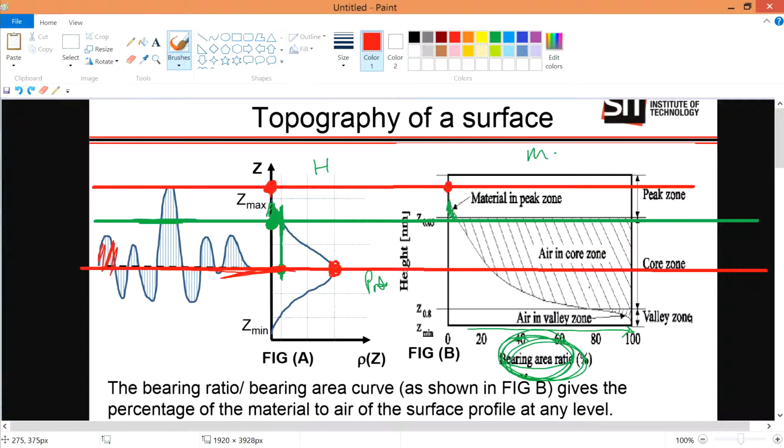I shouldn't have highlighted this. At this particular height, this is the amount of material, and there is a lot of material at this height. So this will determine that this is the surface of a material. I'll repeat again, this is the surface of a material.